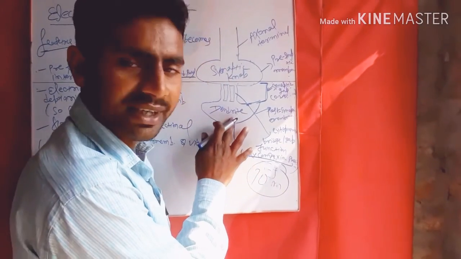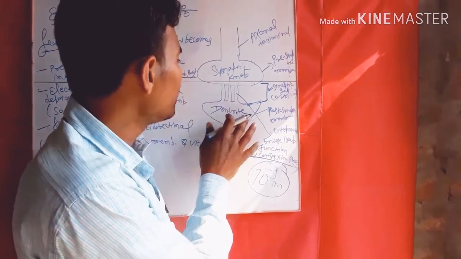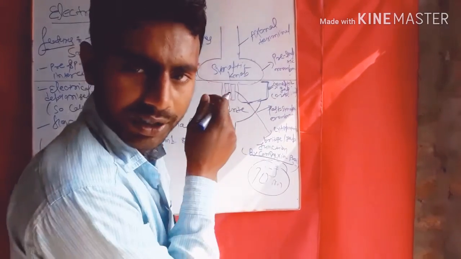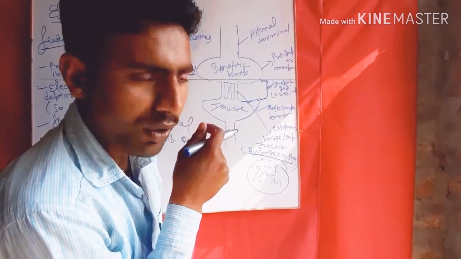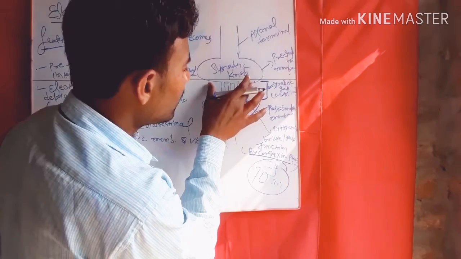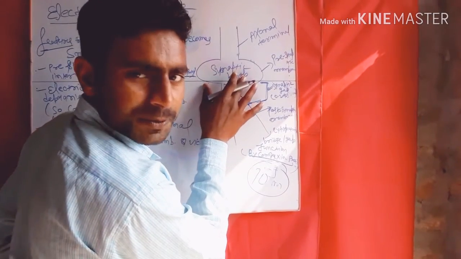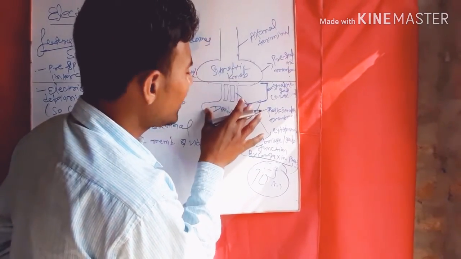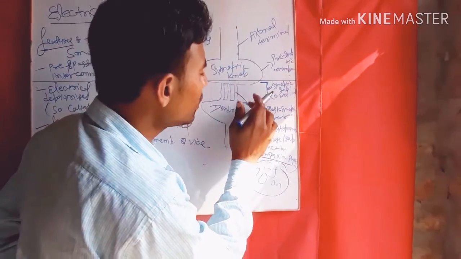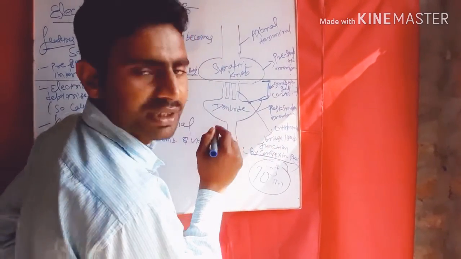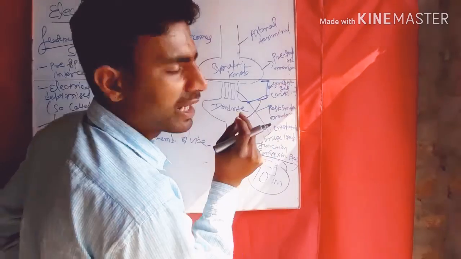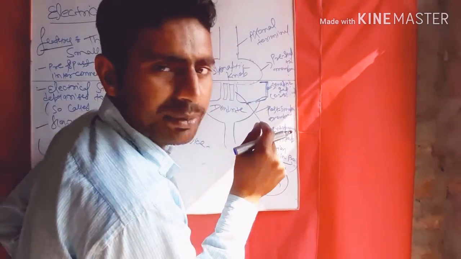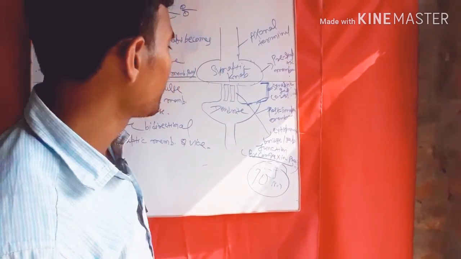So this is the dendrite of the other neuron and this is the synaptic knob of the first neuron. Both neurons are attached with each other with maintenance of a small gap, called the synaptic gap, 0.2 to 10 nanometer.